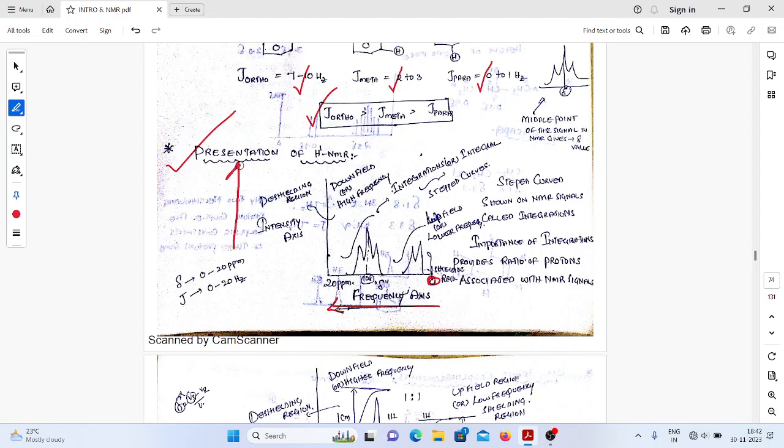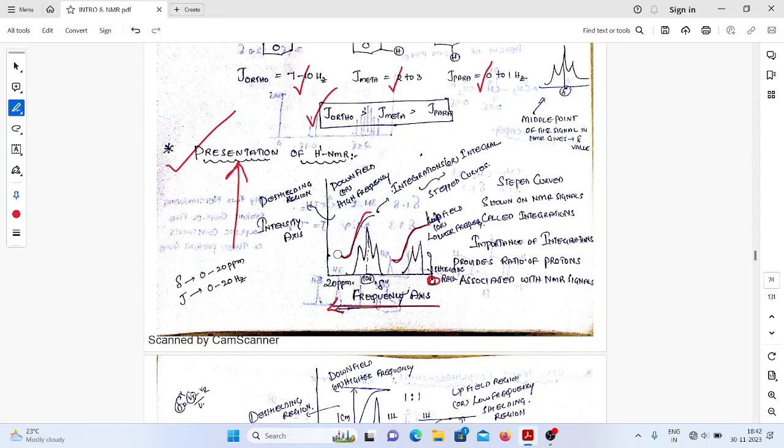This is the intensity axis. We already know the intensity for each kind of signal, singlet, doublet, triplet, already discussed in the last lecture. If you see the spectra, if your compound has a doublet, this is the doublet, and above that we have this kind of stepped curve.